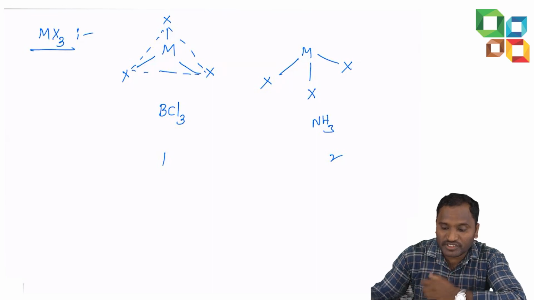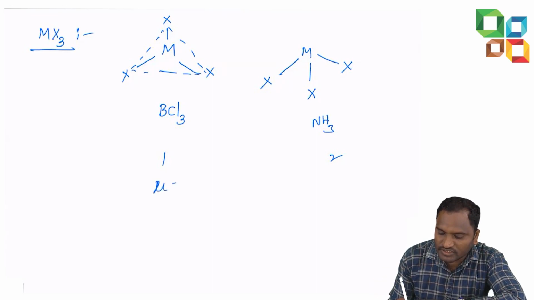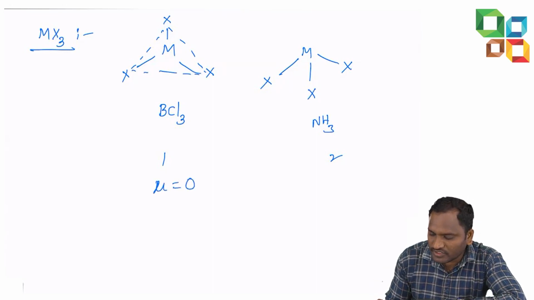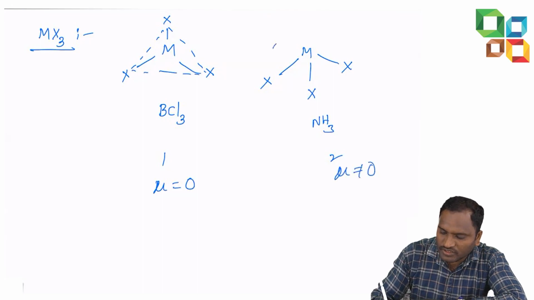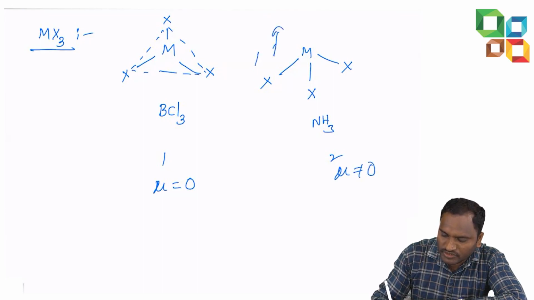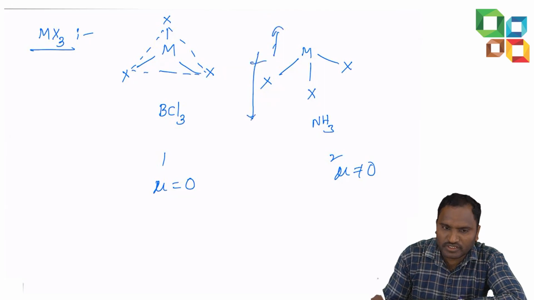First case dipole moment is equal to 0, students, because this is a symmetrical arrangement. Here it is not equal to 0 because the dipole moment is more towards one direction.